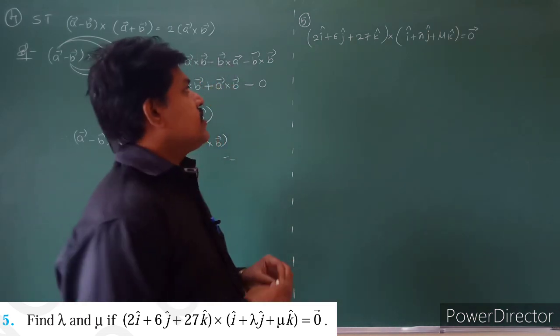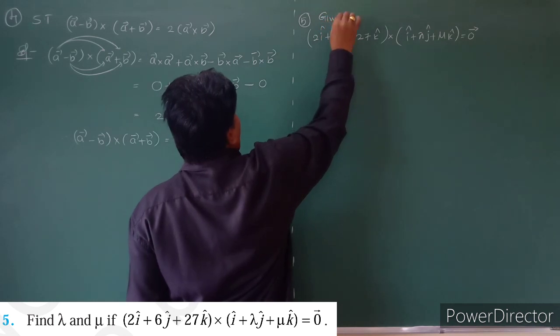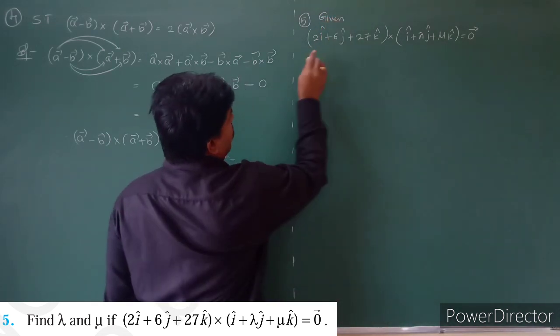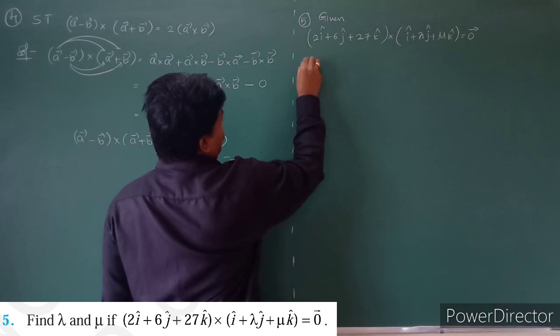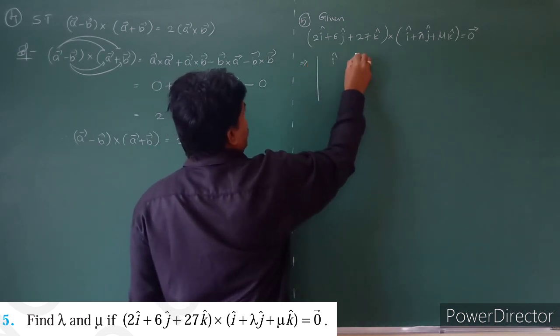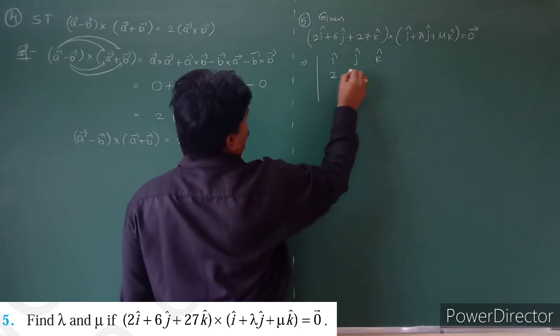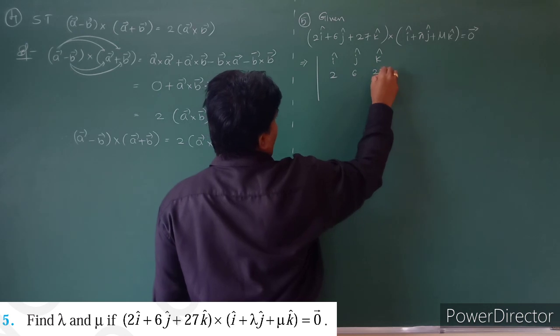Okay. So see that students, first take the condition that is given. What is the meaning of cross product? Cross product is nothing but the determinant of i, j, k. Take the components 2, 6, 27.